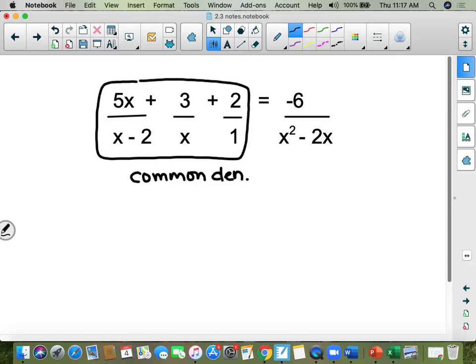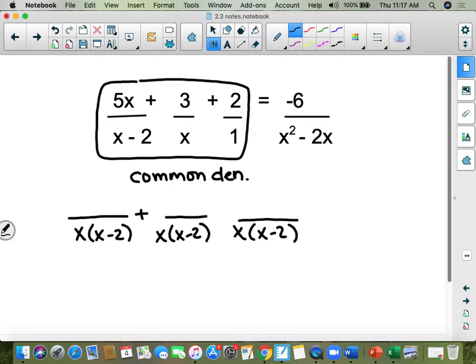The common denominator is an x and an x minus 2, and an x and an x minus 2, and an x and an x minus 2. Again, if I'm going too fast, you can always shut it down, rewrite it, and then turn it back on again. But I'll wait for you to write that down.